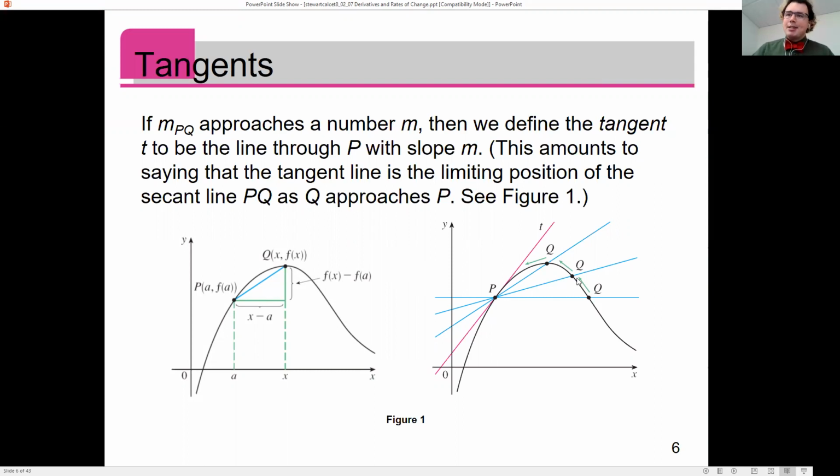But as I take my two points closer and closer together, I get something more accurate. So the idea is that this pink line on the slide is going to have a certain slope, and that's the value of the slope that I would assign to the graph of my function. We would call this pink line a tangent line.